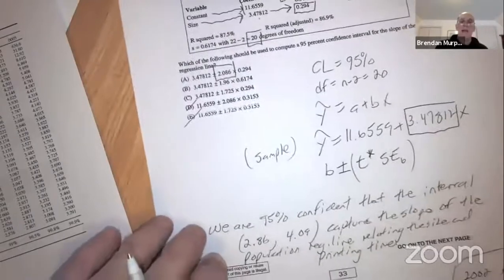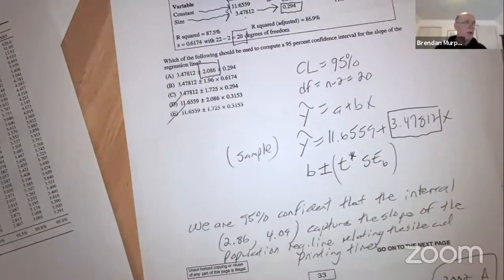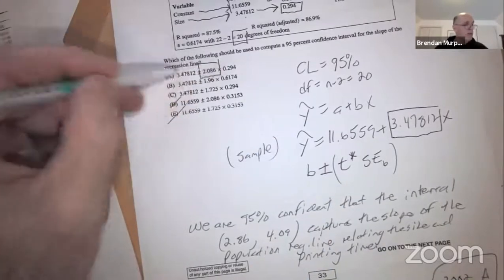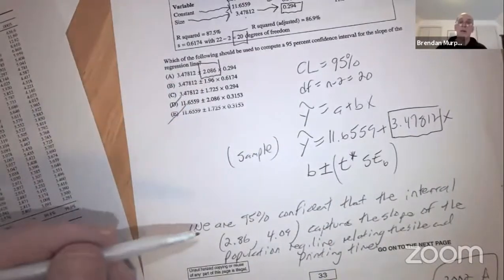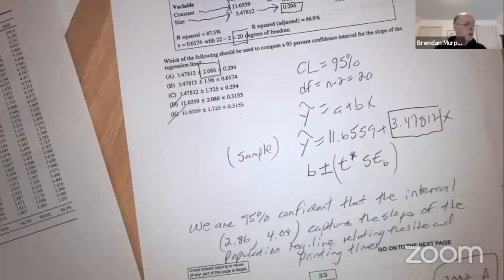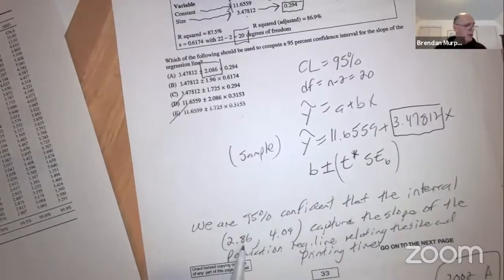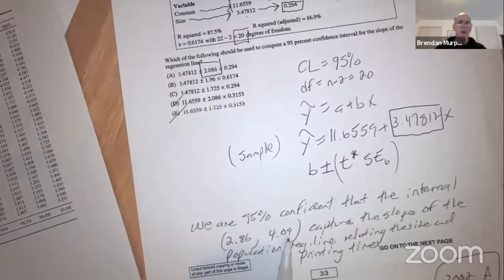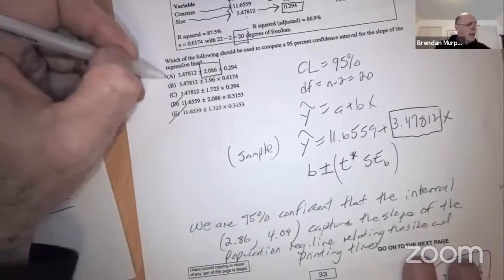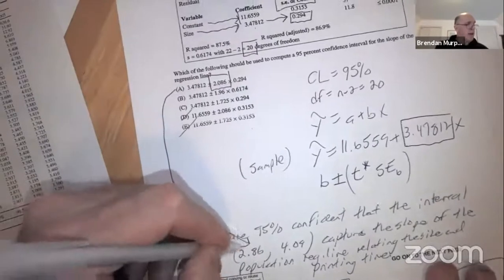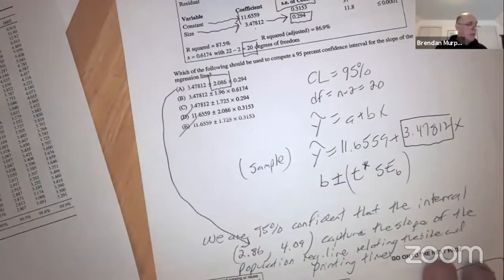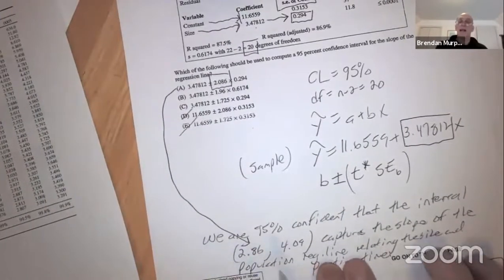And I know they didn't ask me to interpret it, but it's important that we get there. So how would I summarize those numbers? I would say something like we are 95% confident that the interval 2.86 to 4.09, again, I just did the math, added and subtracted, captures the slope of the population regression line.